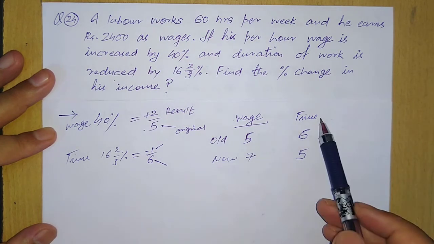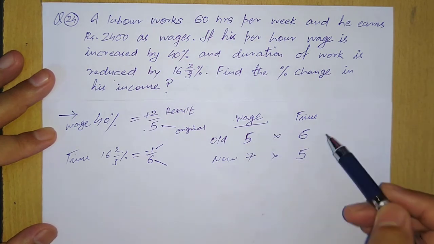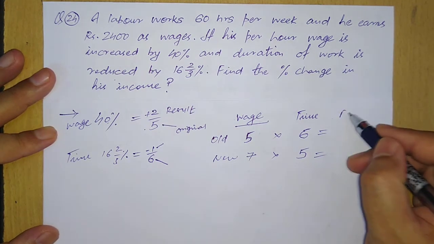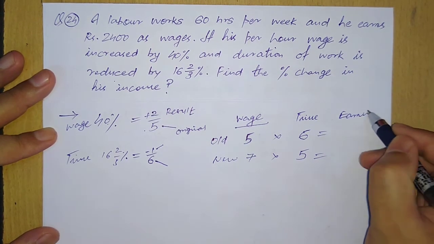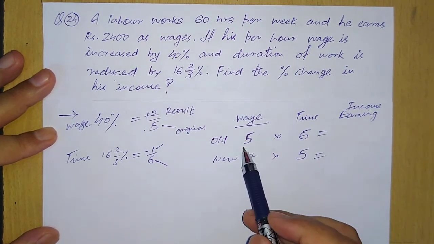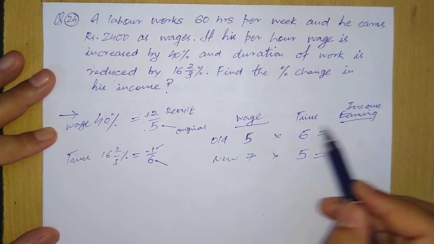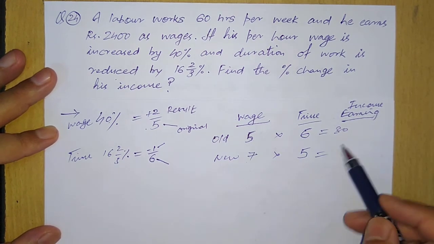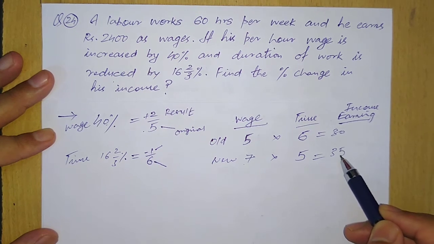Now we know wage into time will give us our earning, or the income. So old earning is how much? 5 6s are 30. New earning is 7 5s are 35.